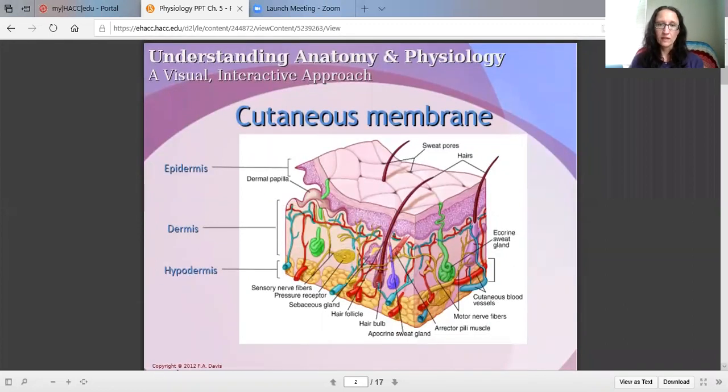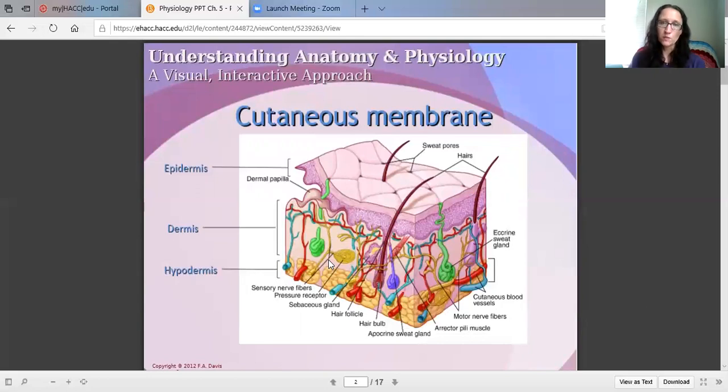And here you have an artist's rendition of the cutaneous membrane. Kind of like the cell, these structures are not this size. That's okay. As long as you see and understand the parts, it kind of doesn't really matter.